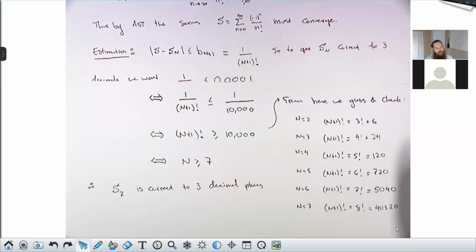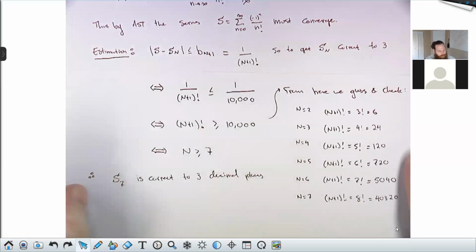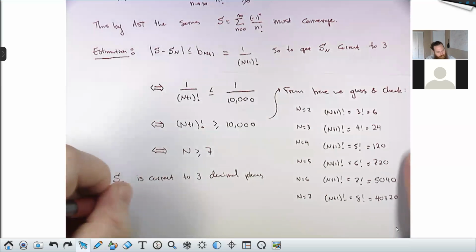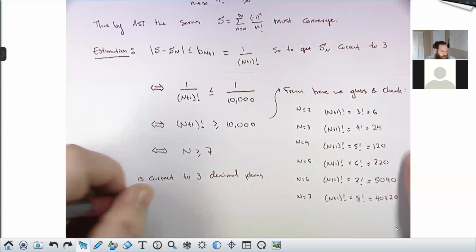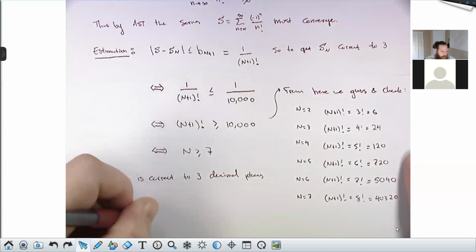Means S7 is correct to 3 decimal places. And what is S7? Well, that's the sum from n equals 0 to 7 of (-1)^n over n factorial.